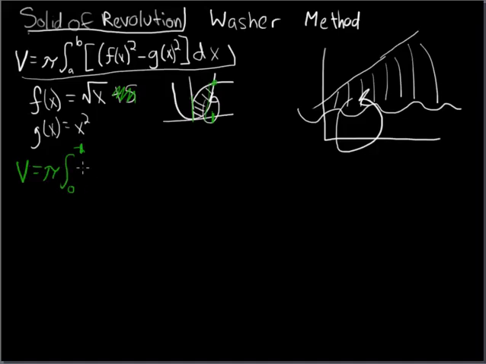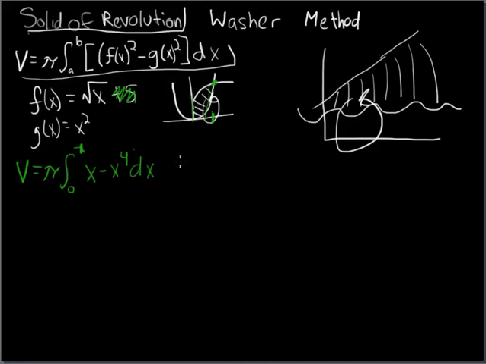So the square root of x squared is just x, and then minus g of x squared. G of x squared is x to the 4th, and that's dx.